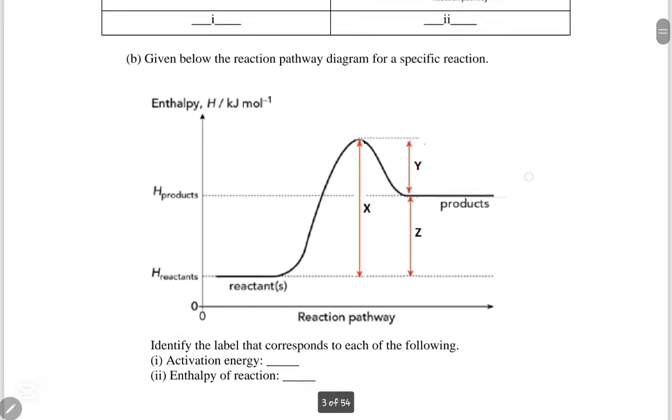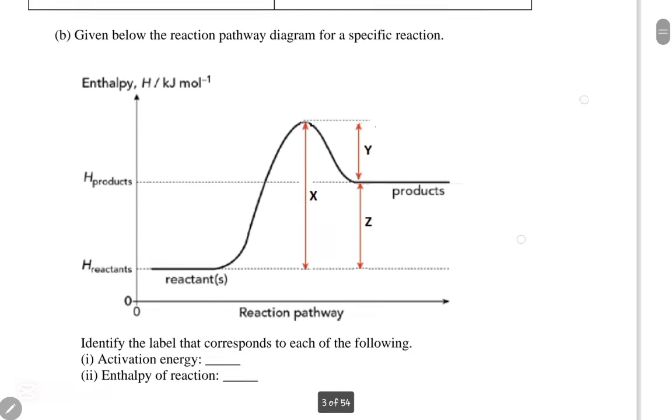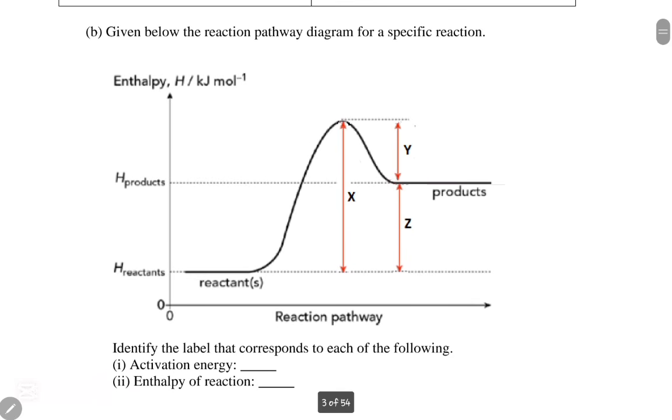Given below the reaction pathway diagram for a specific reaction, identify the label that corresponds to each of the following. First thing is activation energy. Which of the following corresponds to activation energy?